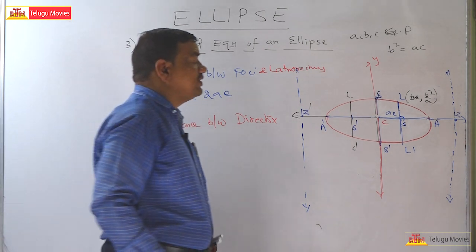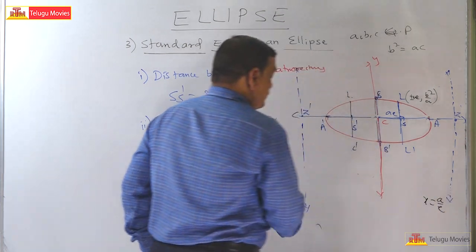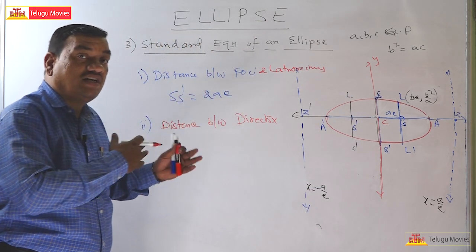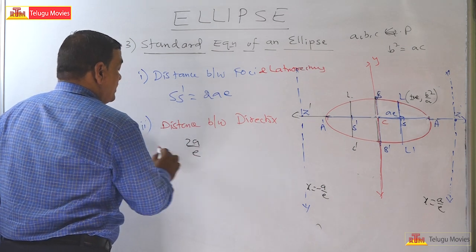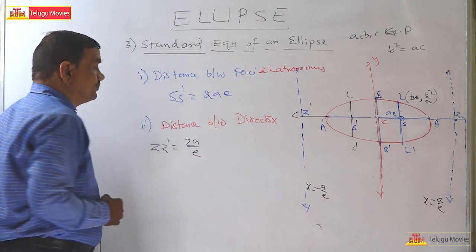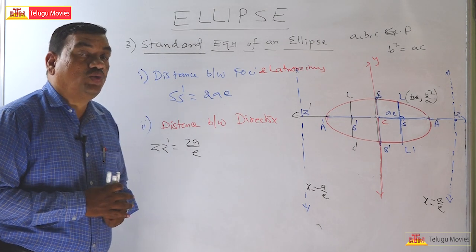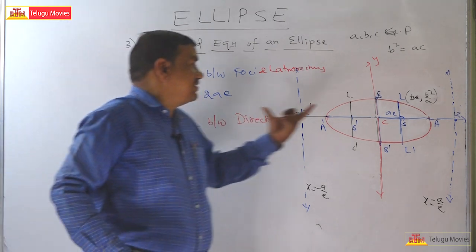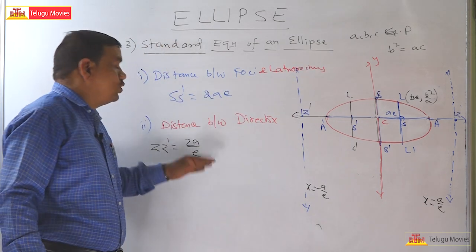What is the distance between the directrices? This is x is equal to a by e, and this side x is equal to minus a by e. We take the positive quantity, that is 2a by e, that is Z Z dash. The distance between the directrices is 2a by e. So this is also important: the distance between the foci, the distance between the vertices, and the distance between the directrices, 2a by e.